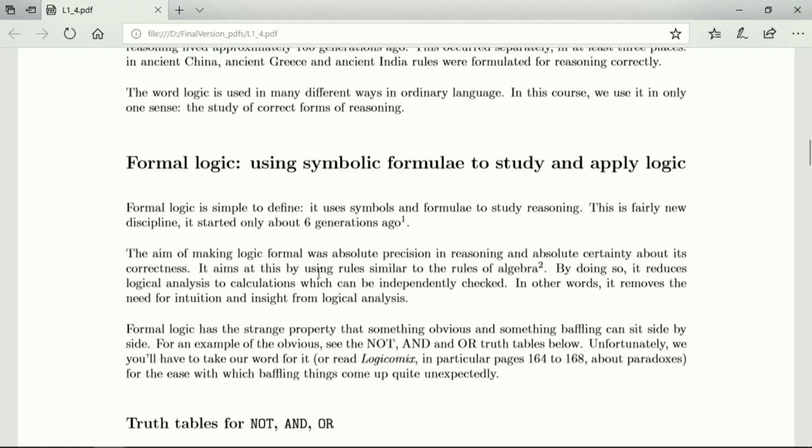And the method used to make absolute precision and certainty possible were the rules of algebra. So formal logic is not exactly the same as algebra. The expressions can look somewhat similar, and the calculations proceed to some extent a little bit similarly at times, but there are completely different ways of doing those calculations.